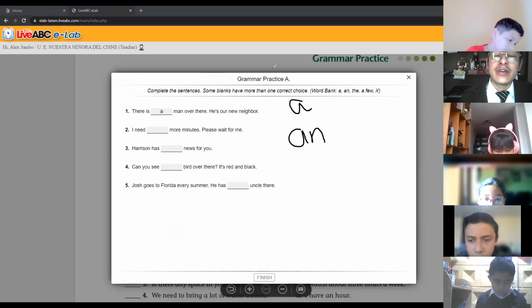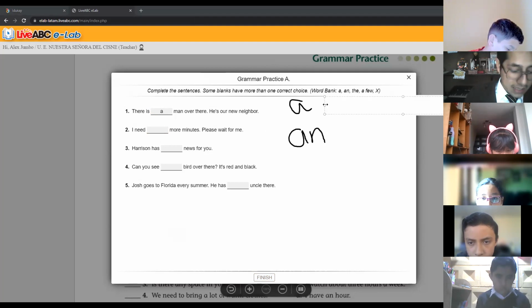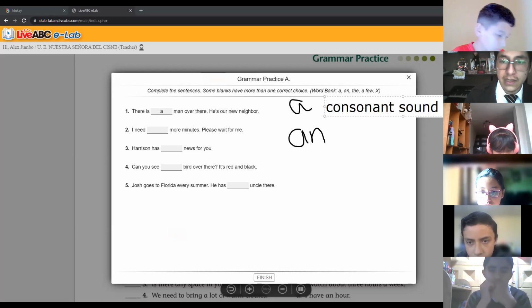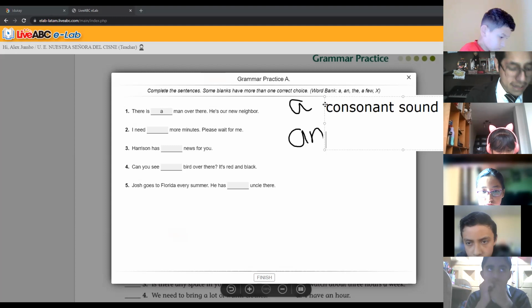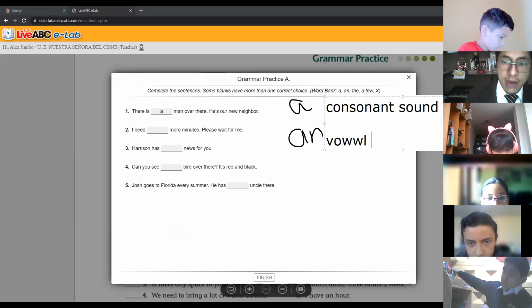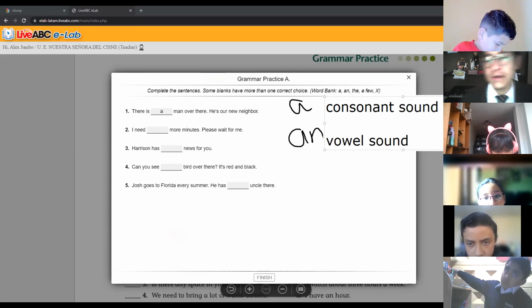What is the thing that you have to remember? When you use a, the next word started with consonant sound. And when you have an, the next word started with vowel sound.